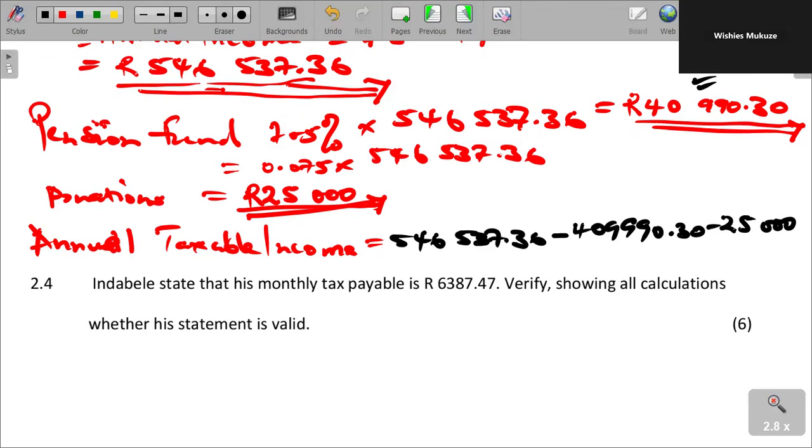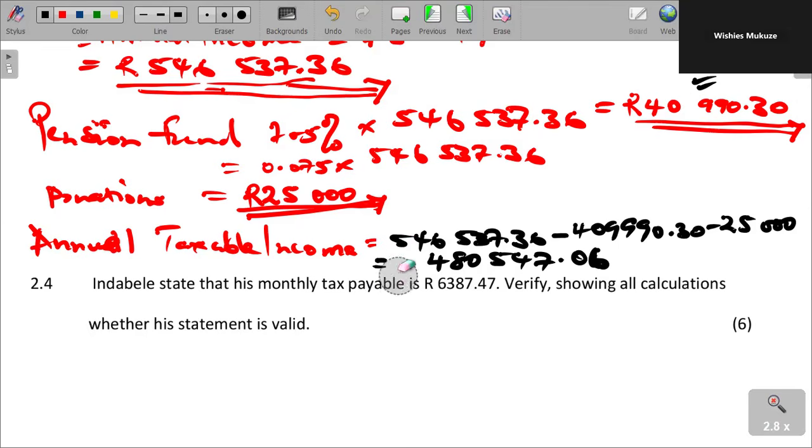That would give us an amount of 480,547.6 cents, which is the total taxable income.